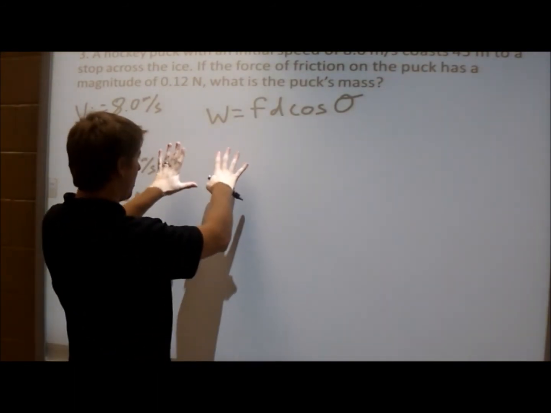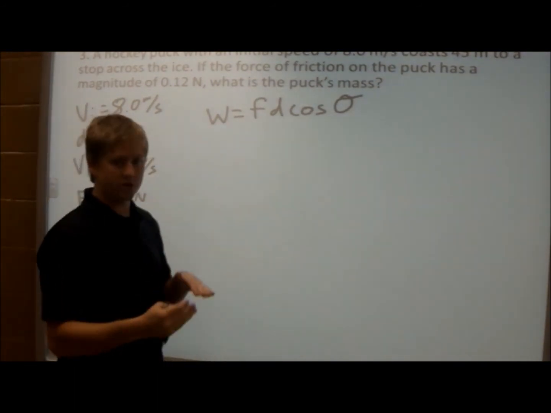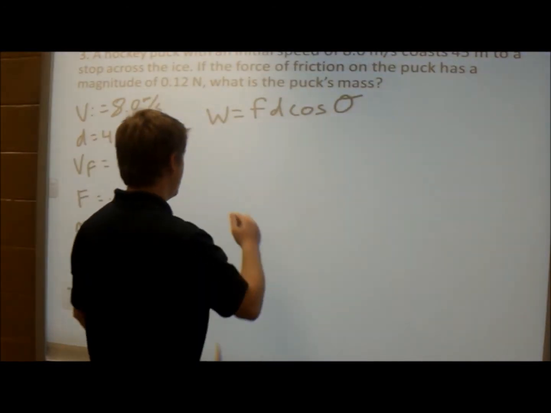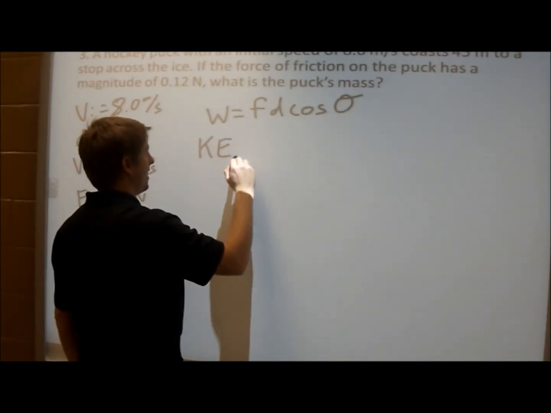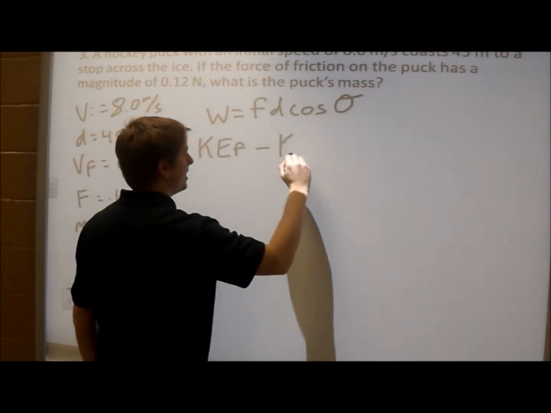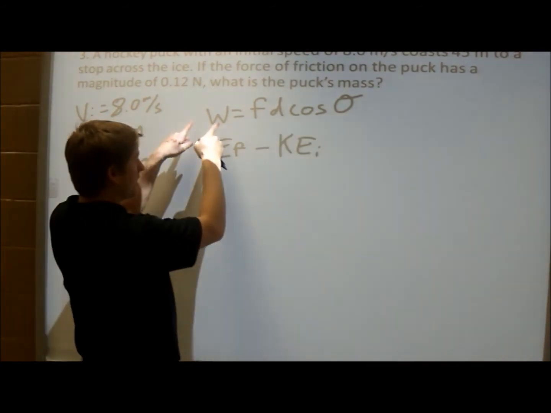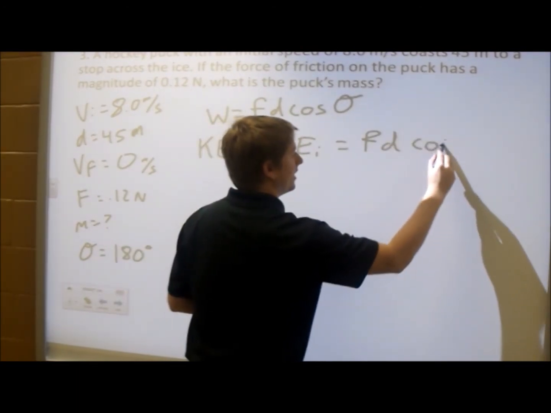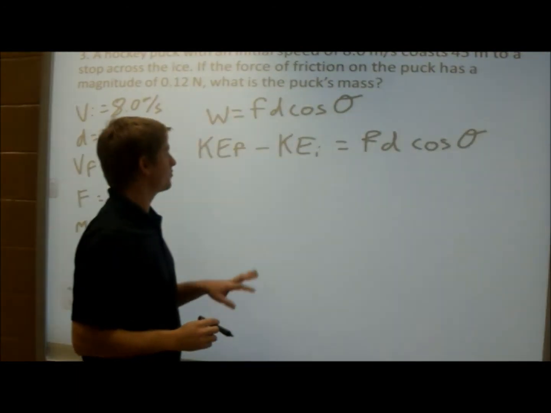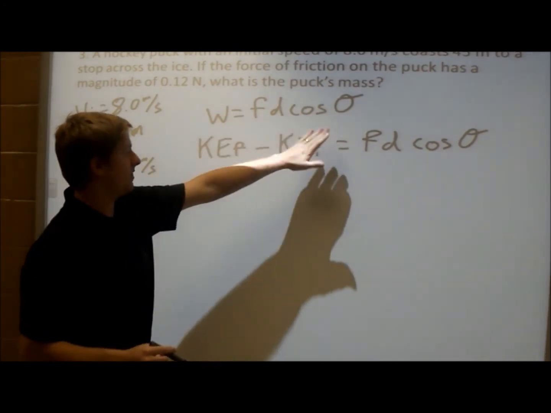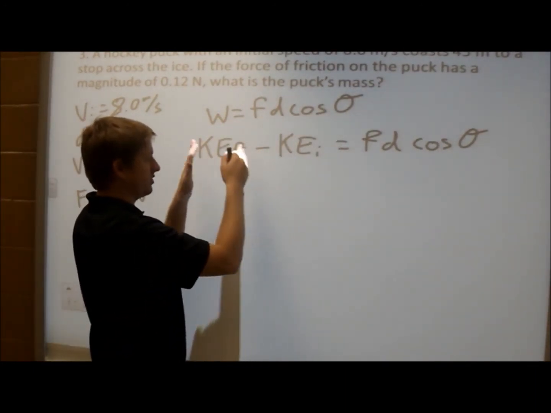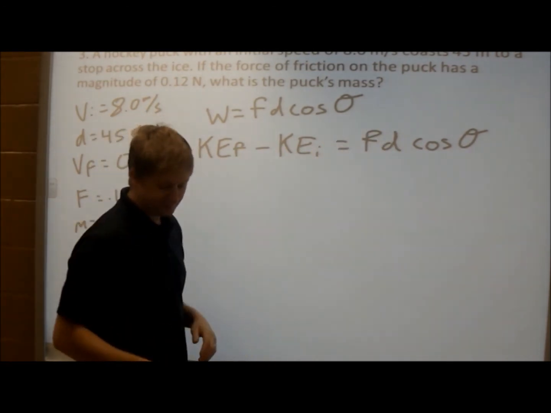So our work is equal to KE final minus KE initial, and work equals F d cosine theta. That stays the same. This change in kinetic energy, that's our work, is equal to this.